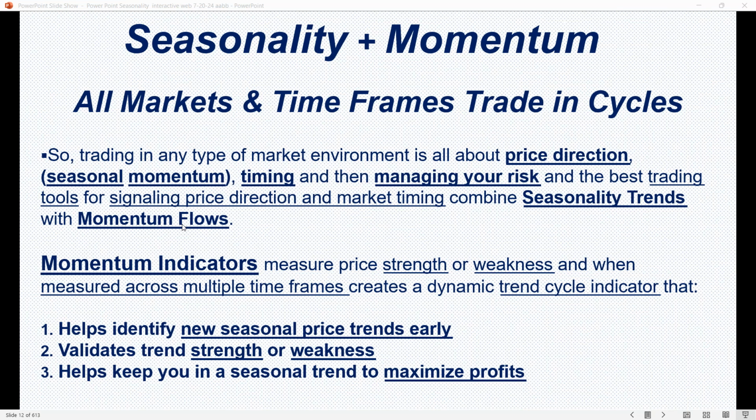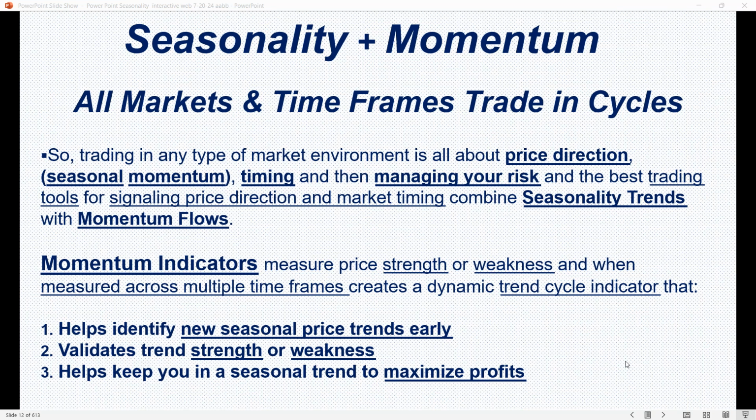And the best trading tools for signaling price direction and market timing, when combined with seasonality trends, come down to using momentum flows. Momentum indicators measure price strength or weakness. And when you're measuring multiple time frames, it really helps to create a dynamic trend cycle indicator that can help you identify new seasonal trends early.